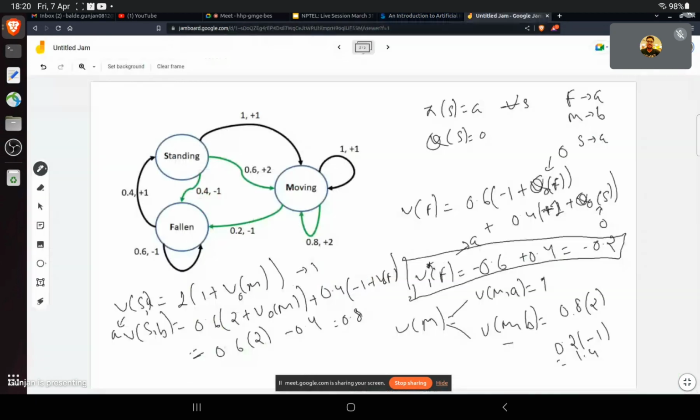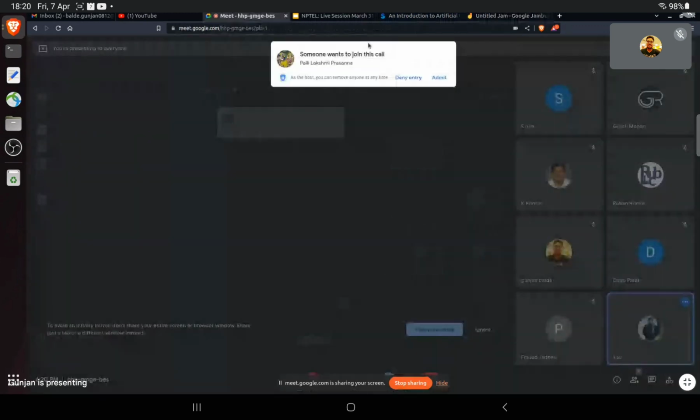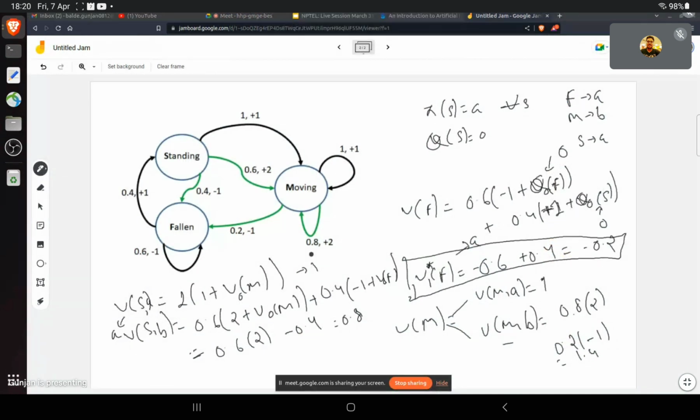Yeah. Since here it is saying that suppose we perform the policy improvement step just after one iteration, what is the updated policy, right? For the updated policy, what you need to do is compute the optimal value, because depending on the optimal value, you will decide which action to take.